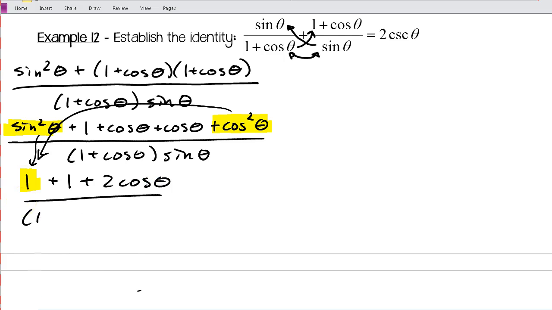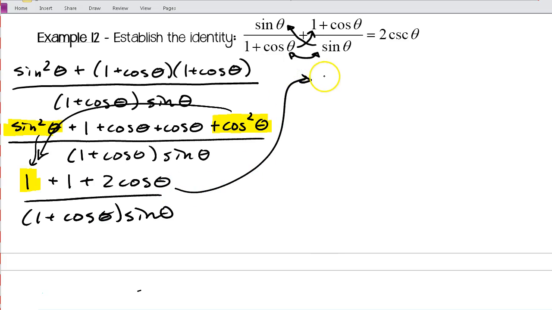And that's all over 1 plus cosine theta times sine theta. Still haven't decided if I want to distribute that. Come over here, I have 1 plus 1 is 2, so I have 2 plus 2 cosine theta over 1 plus cosine theta times sine theta.